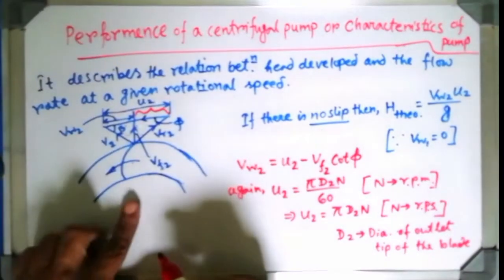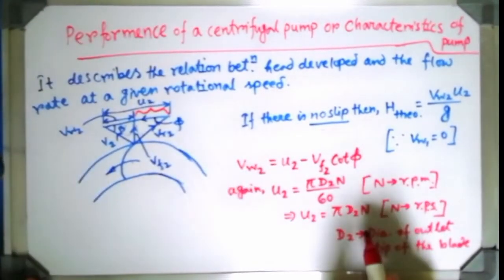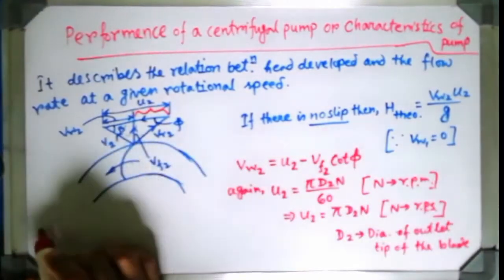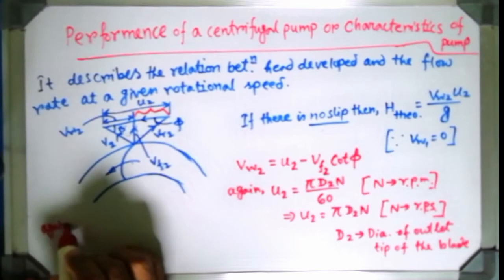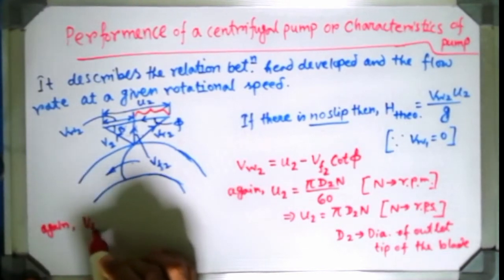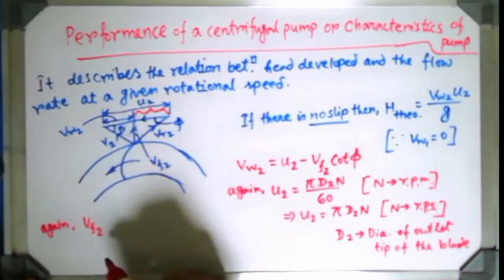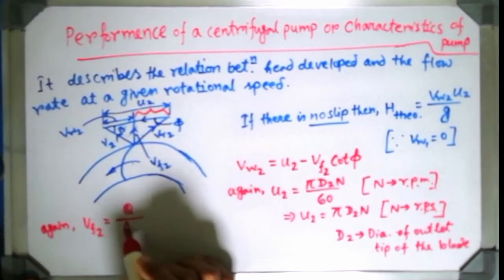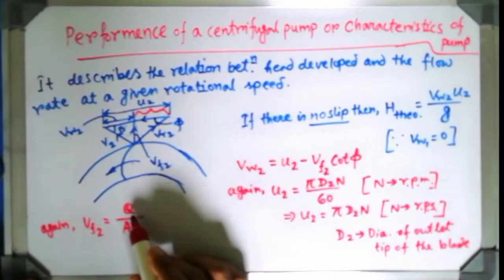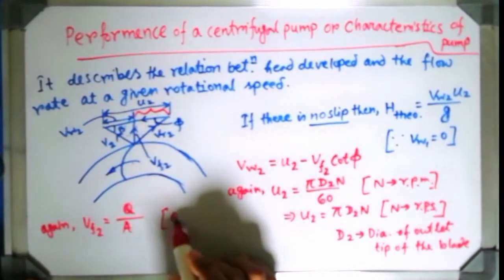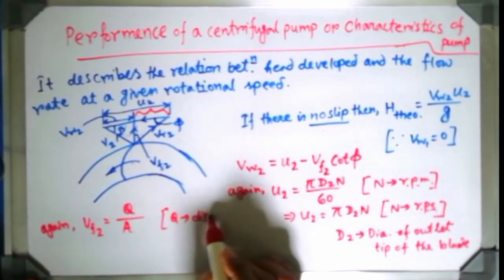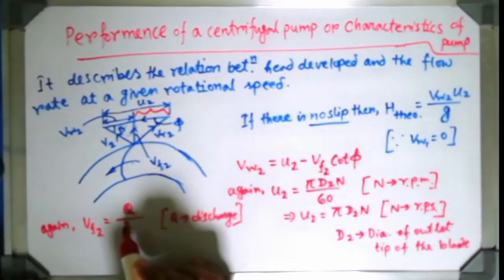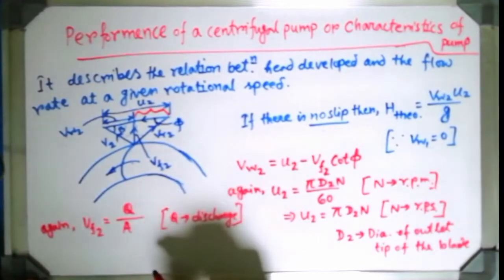Okay, so U2 can be written like this manner, and again also we can write that VF2, the axial component of V, easily can be written by Q by A always, because Q is nothing but the discharge, and discharge always can be written by product of area into velocity.